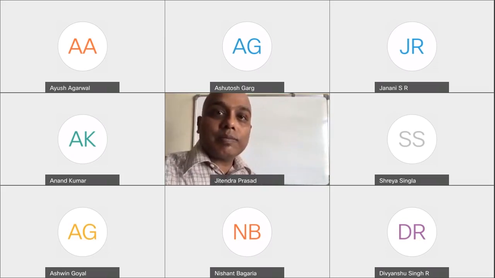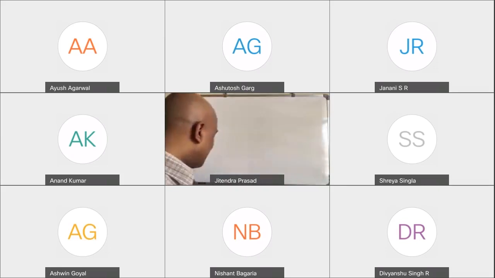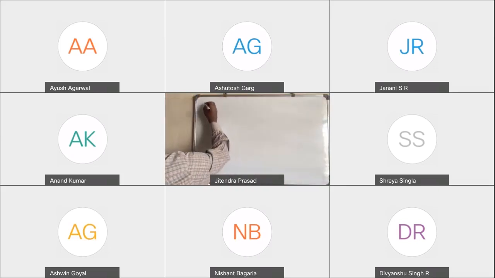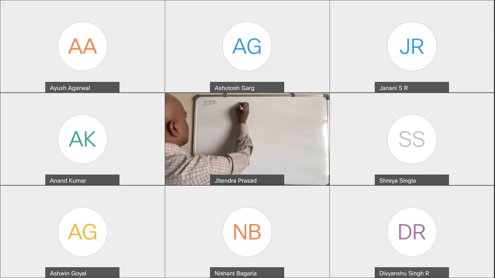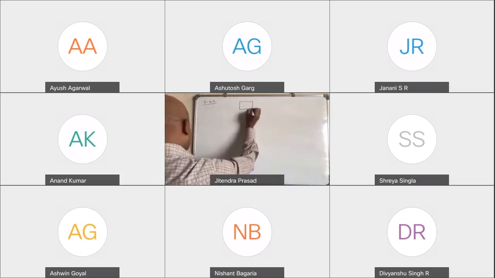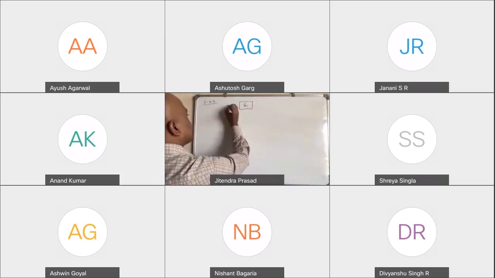Okay, remember, let us say B22. Like you have G1 here, and it goes like this, right?